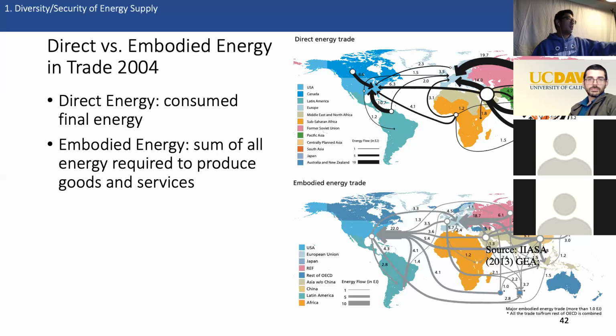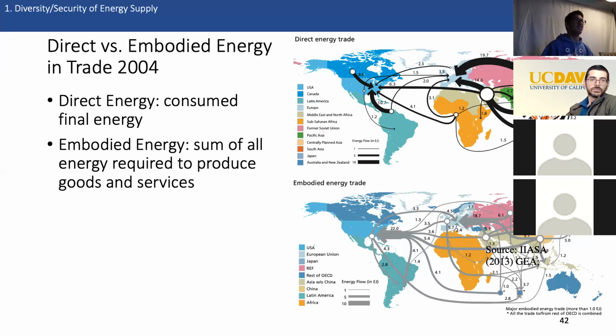Okay, and so embodied energy is not just the energy that we're consuming directly from the final good that's being delivered through these trade flows, but is also thinking about all the upstream production associated with, for example, the production of gasoline. That includes the drilling and refining, all of that.